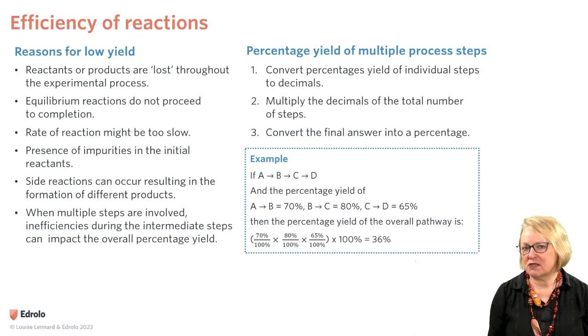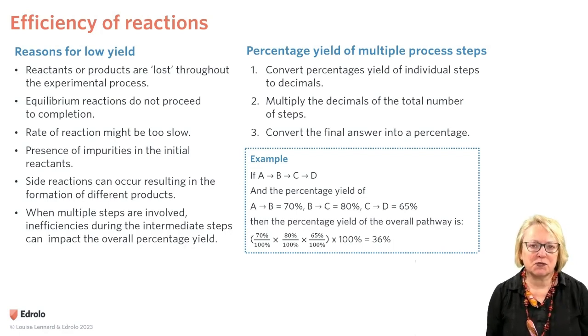So if we've got a percentage yield of multiple process steps, which often we have in synthesis of organic chemicals, what we can do is convert our percentages to decimals, multiply the decimals, and then convert the final answer into a percentage.